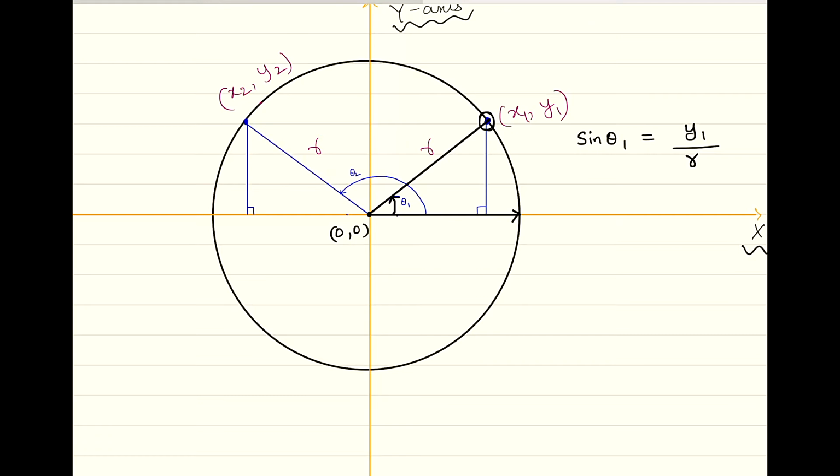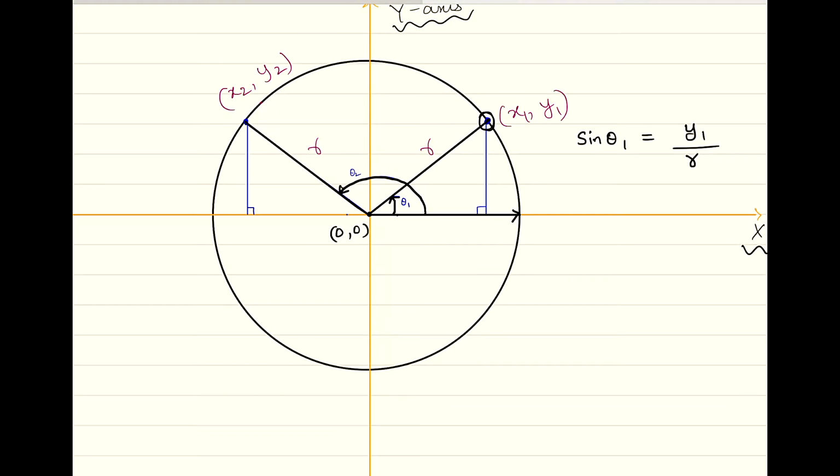Now if you apply the same definition for the second angle, here you are able to see this angle. There is another line which starts from origin and goes like this all the way and stops here. Alright, and this also makes some angle, and this time it is an obtuse angle, right? That is theta 2.